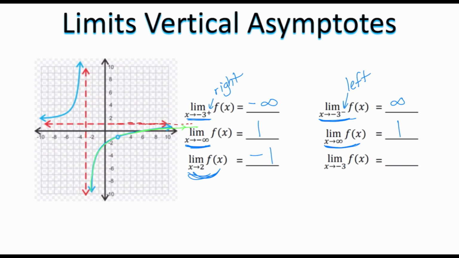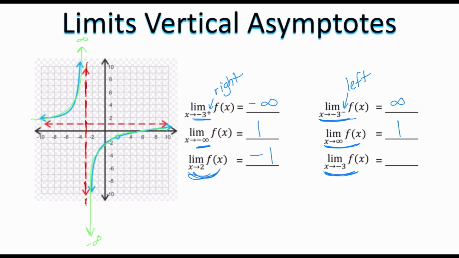Finally, the question says to find the limit as x approaches -3. So at x equals -3, notice that there is a vertical asymptote. If I come from the right, then my graph is going to get closer and closer to -infinity. If I come from the left, as I approach -3, my graph continues towards +infinity.